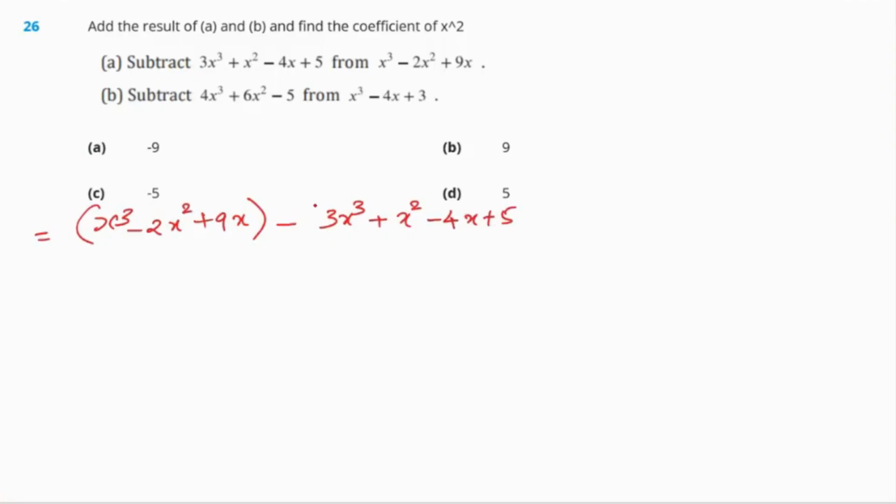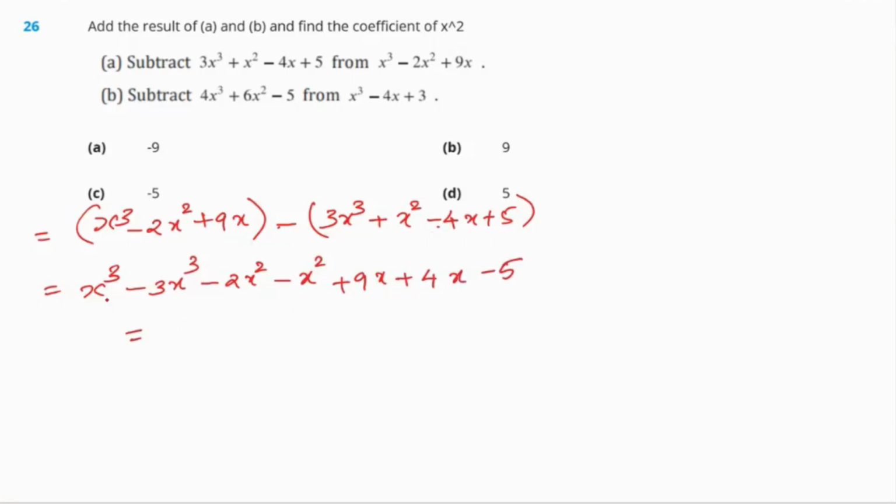When we subtract this, we write the same terms together: x cube minus 3x cube, minus 2x square minus x square, plus 9x plus 4x, and minus 5.